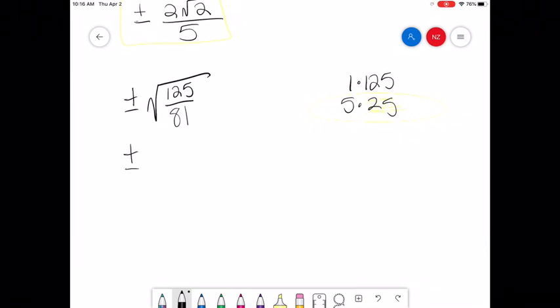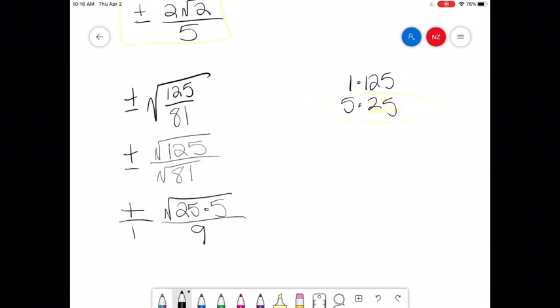So when I rewrite my problem, I have the plus minus the square root of 125 over the square root of 81. I'm going to rewrite my 125 as the square root of 25 times 5 all over 9.